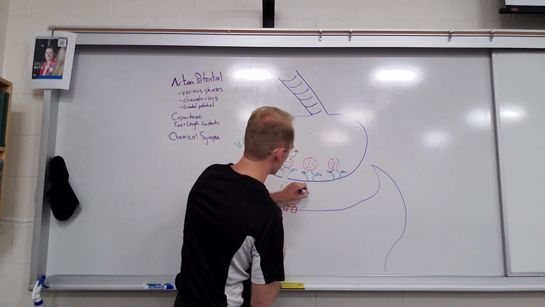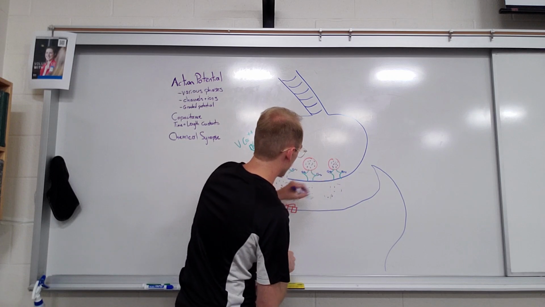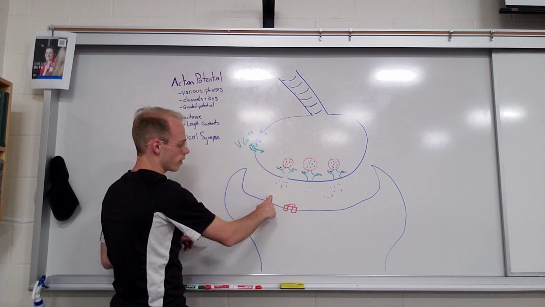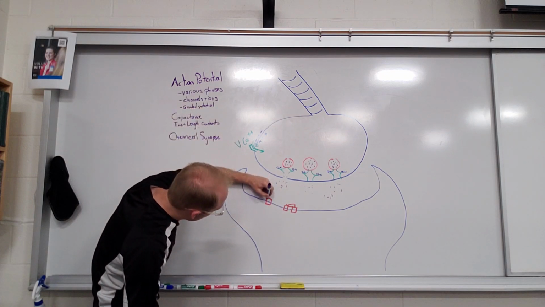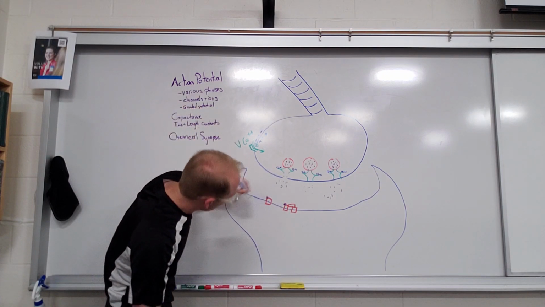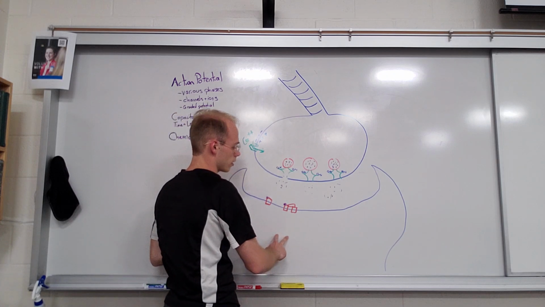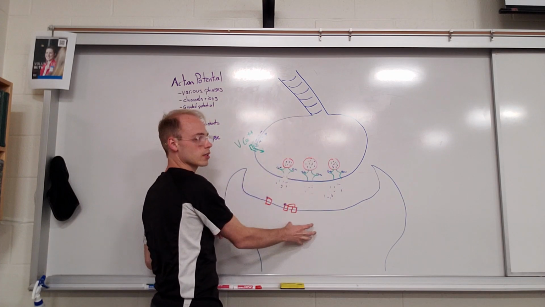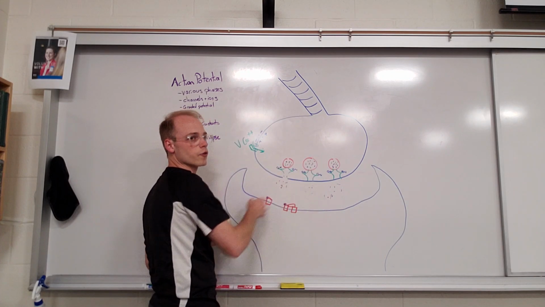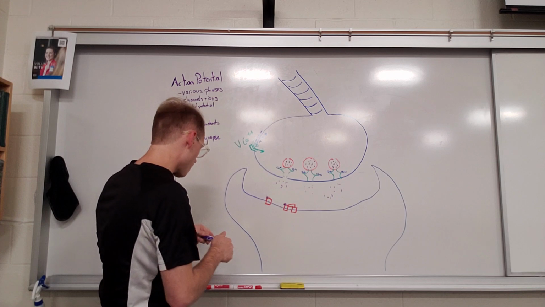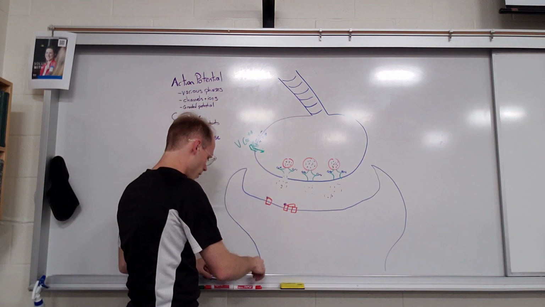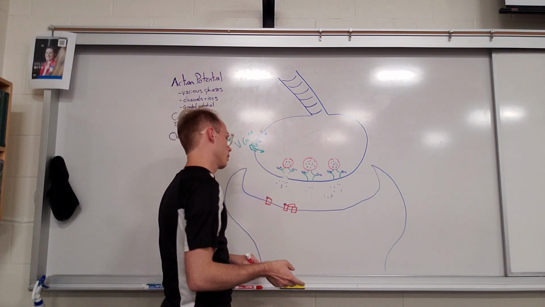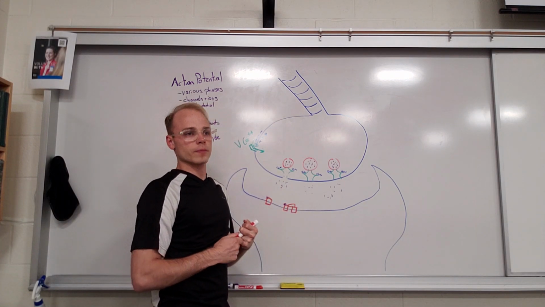So then we have a whole bunch of these out here in between the two neurons. And then eventually these will make their way over and they will bind to receptors on the postsynaptic neuron. This is the presynaptic, this is the postsynaptic, because, in front of, after the synapse. So when these bind, they can be either ionotropic or metabotropic, which are really fun words.